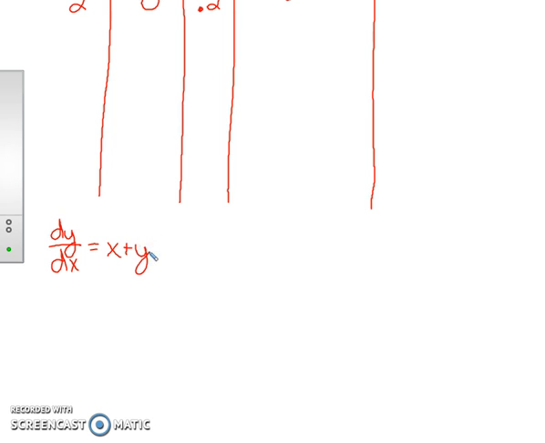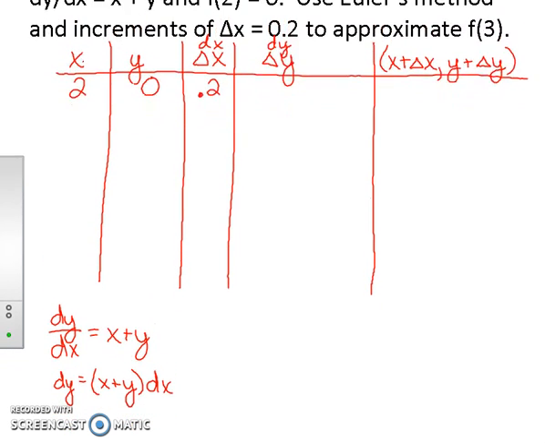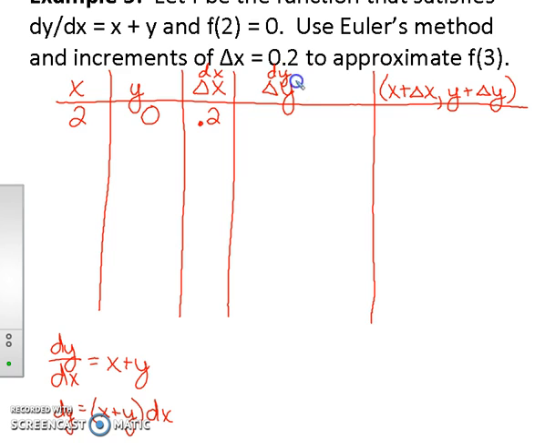But that does not say dy equals. So what I have to do is take the dx and multiply it to the other side. So that tells me that up here in my table, delta y is equal to x plus y times dx. And then the fourth column I'll explain when we get to that.